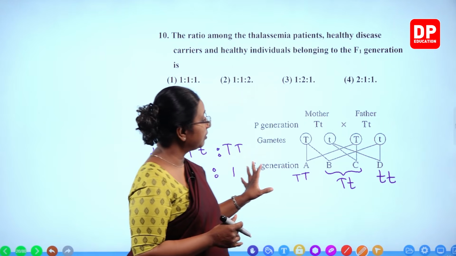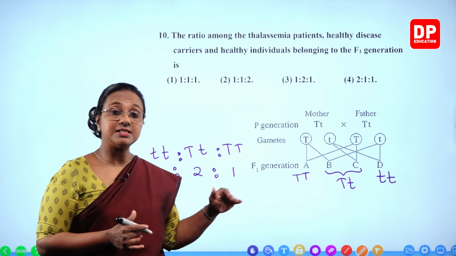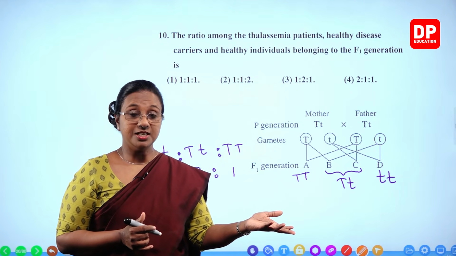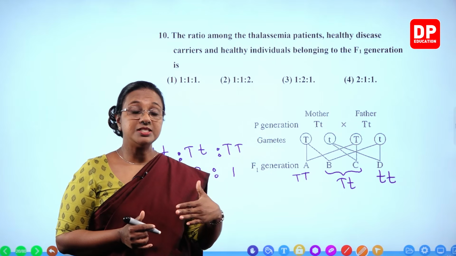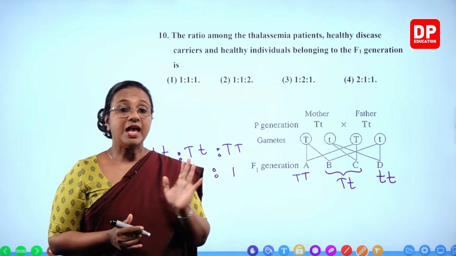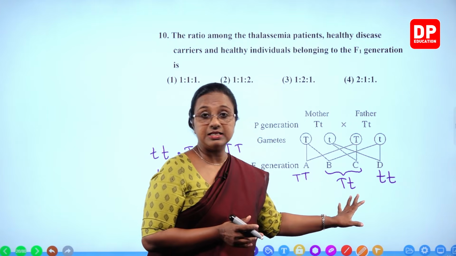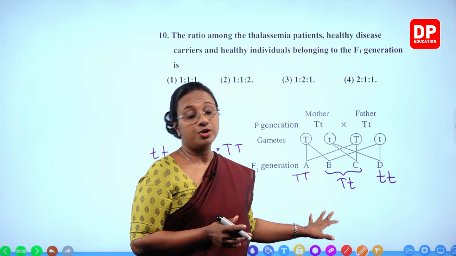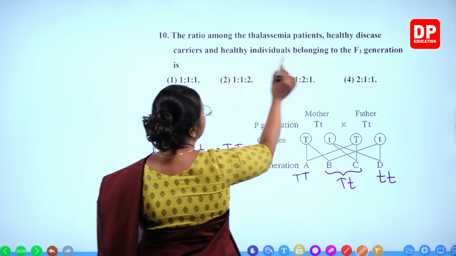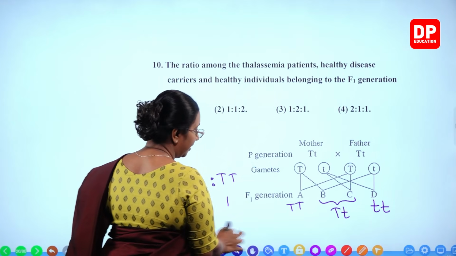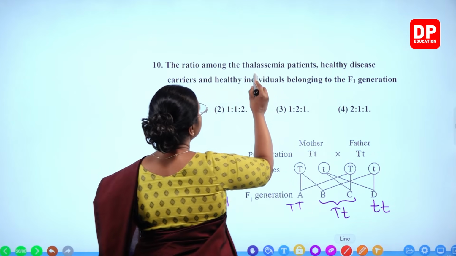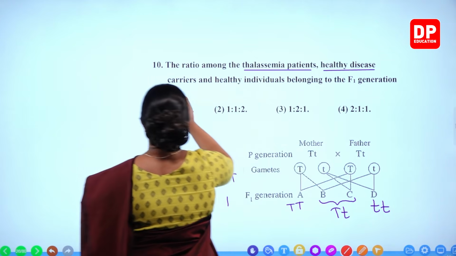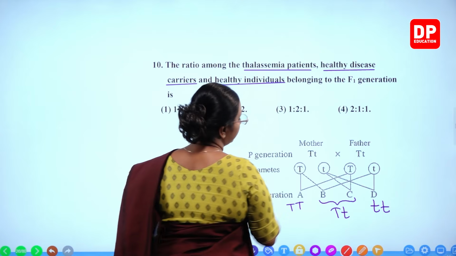But you have to remember there are instances where you have linked genes, sex-linked genes, or mutated genes, where the ratio will vary. When we write the ratio, you have to look at the particular order, which is very important. Here they asked thalassemia patients first, then healthy disease carriers and healthy individuals.